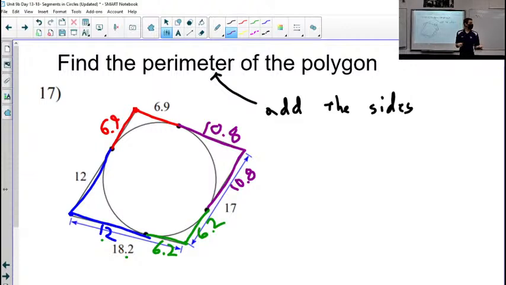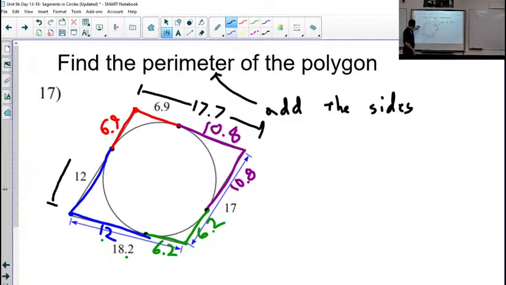So now let's get into the pieces of finding the perimeter. And that's by adding up all the sides. Let's see. We have this side being 17. We have this side being 18.2. This side here, if I add these together, I get 17.7. And this side here, if I add these together, I get 18.9.